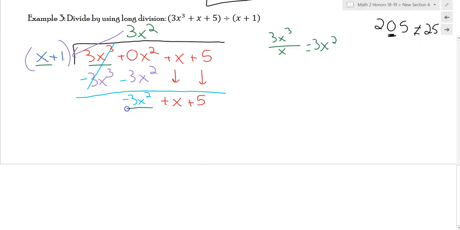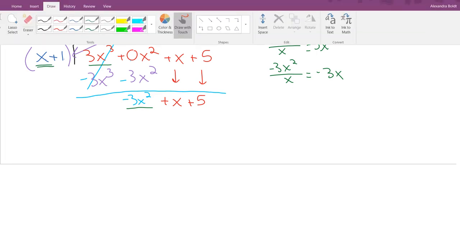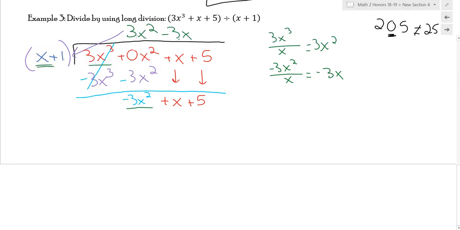So then I'm dividing this by this. Negative 3x squared divided by x, right, goes to negative 3x, so minus 3x. So we multiply again. Negative 3x times x is negative 3x squared.